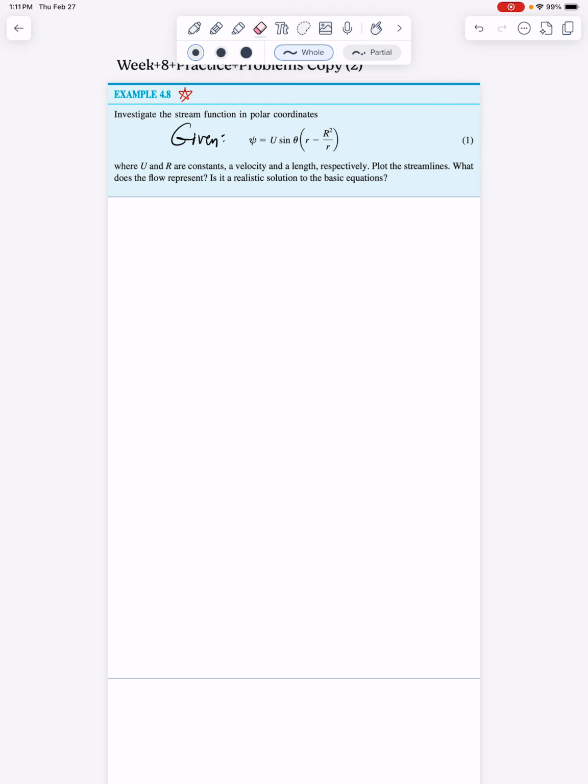So here we see that our streamline function is represented in terms of the variables lowercase r and theta. Lowercase r refers to its radial location in the flow field, like how far you are from the origin, and theta refers to the angle, the directionality of that radius.